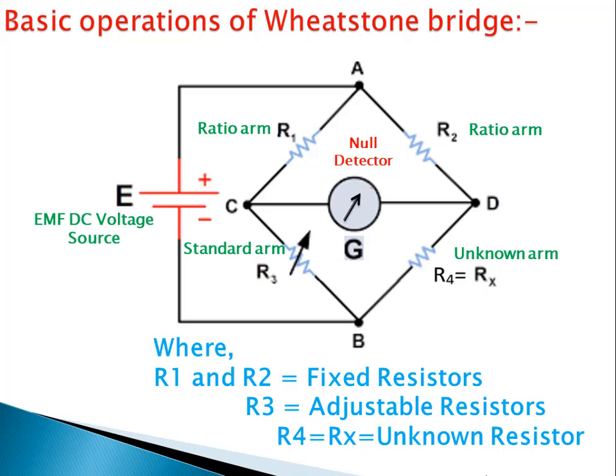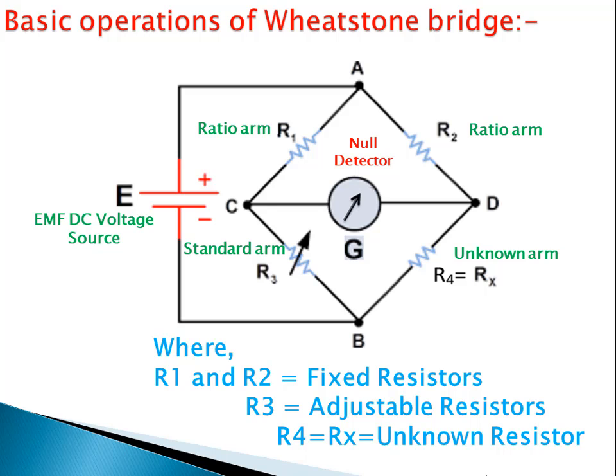In the Wheatstone bridge circuit, the null detector or galvanometer is used to check whether the circuit is under balance condition or not. Now I would like to tell you what we mean by the balance condition in the bridge circuit.